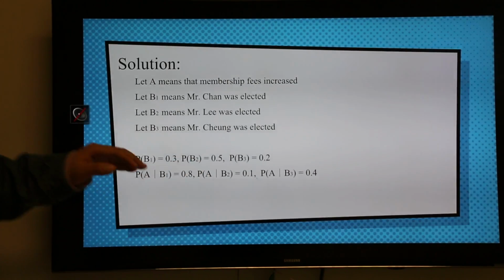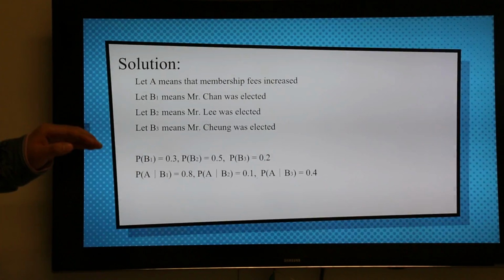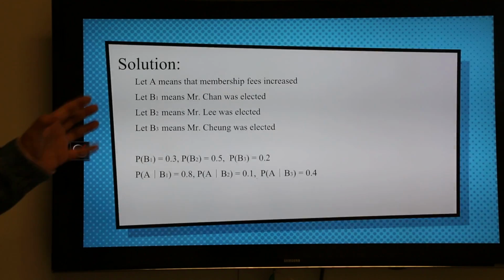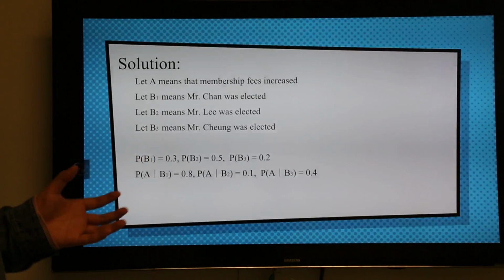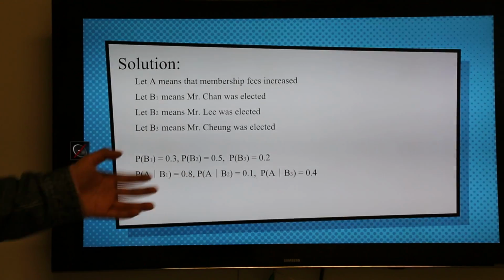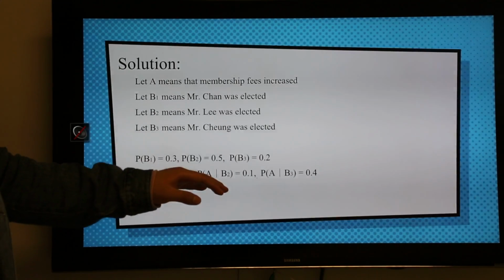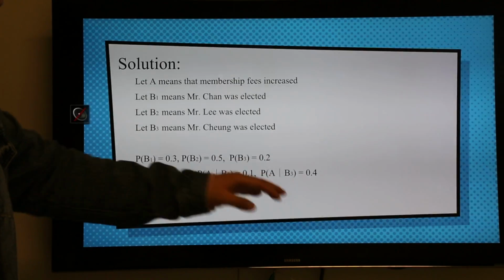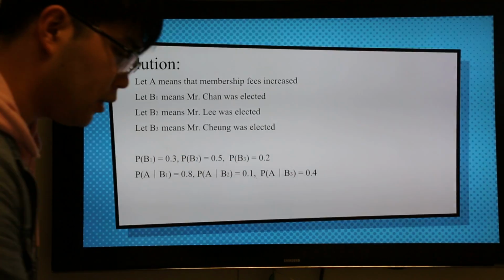P of A given B1 means that when Mr. Chen was elected, the probability that their membership fee increased equals 0.8, and likewise P of A given B2 equals 0.1, and P of A given B3 equals 0.4.